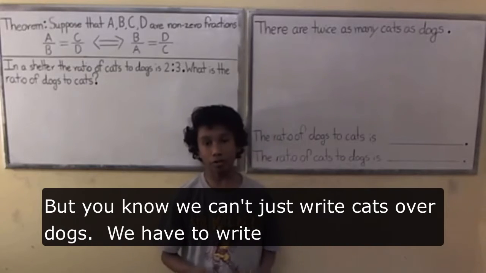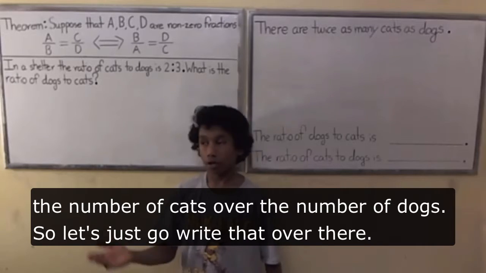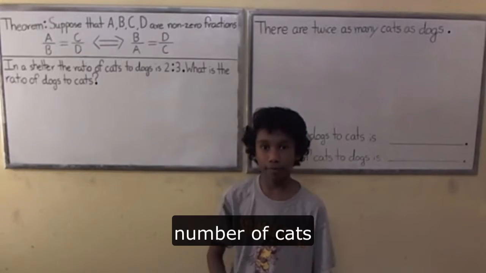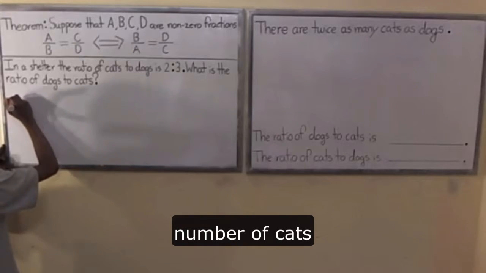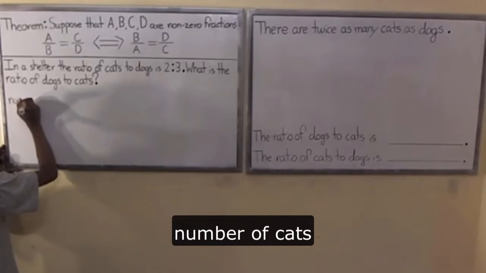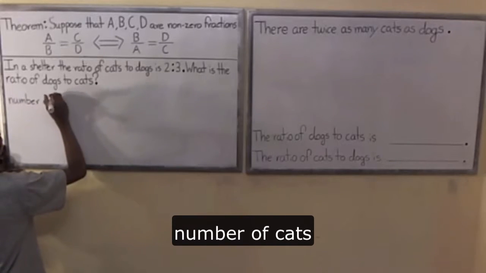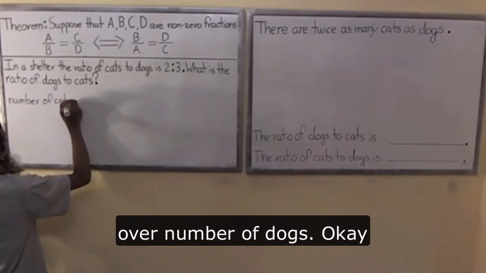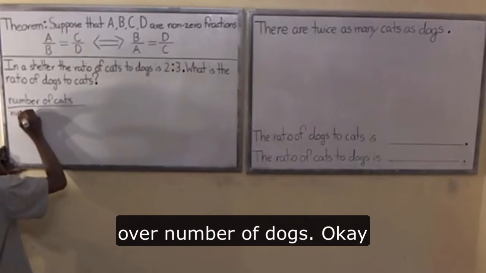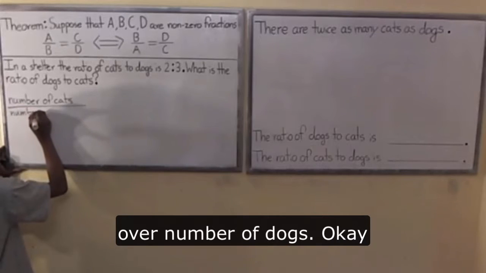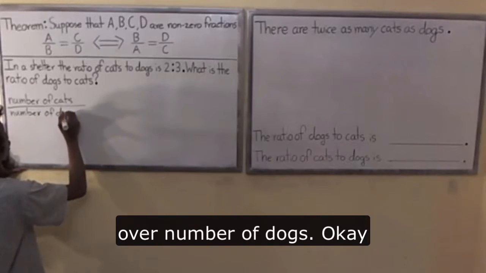But you know we can't just write cats over dogs. We have to write the number of cats over the number of dogs. So let's just go write that over there. Number of cats over number of dogs.